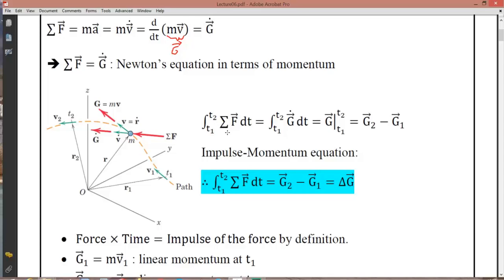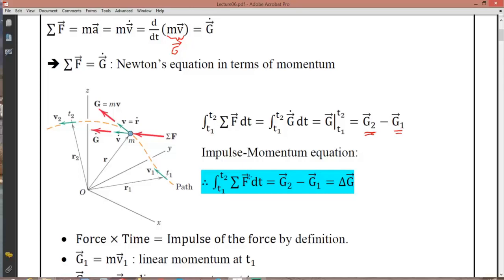So, like I said, if we integrate this equation, F equals the time rate of change of the linear momentum, with respect to time from t1 to t2, as a result of that, we receive that the integration of net forces acting on a particle from t1 to t2 seconds results in the change of the linear momentum from G1 to G2.